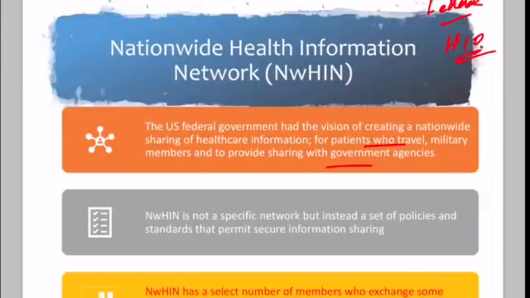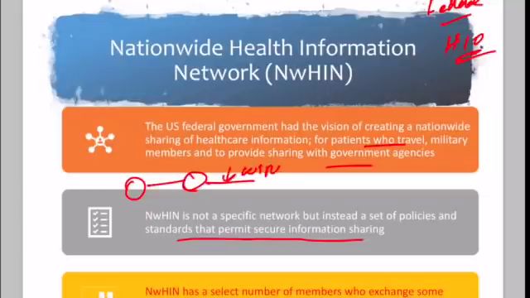So NWHIN is not a specific network, but a set of policies and standards. What they mean is that it's not a physical network, connected with special wires or a special system. Rather, they follow a set of standards, policies, and guidelines to share information.